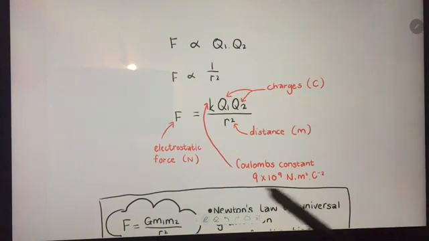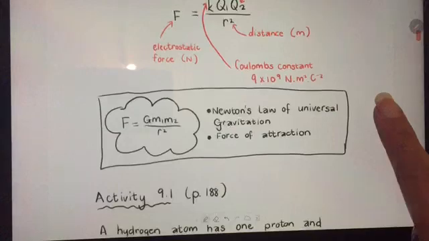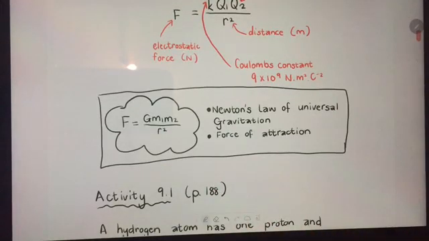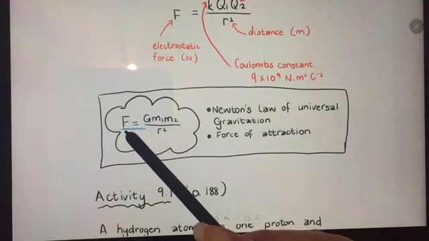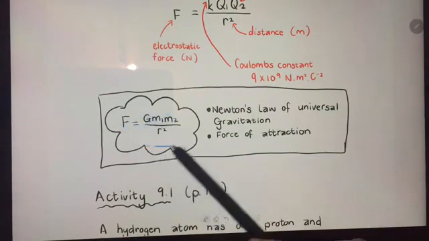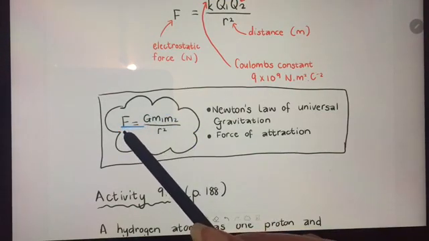Now, please don't get this confused with this formula over here, because this is something that we've done already. And this is Newton's law of universal gravitation. And here we said that this force, in this formula, is a gravitational force, and it's always going to be a force of attraction.